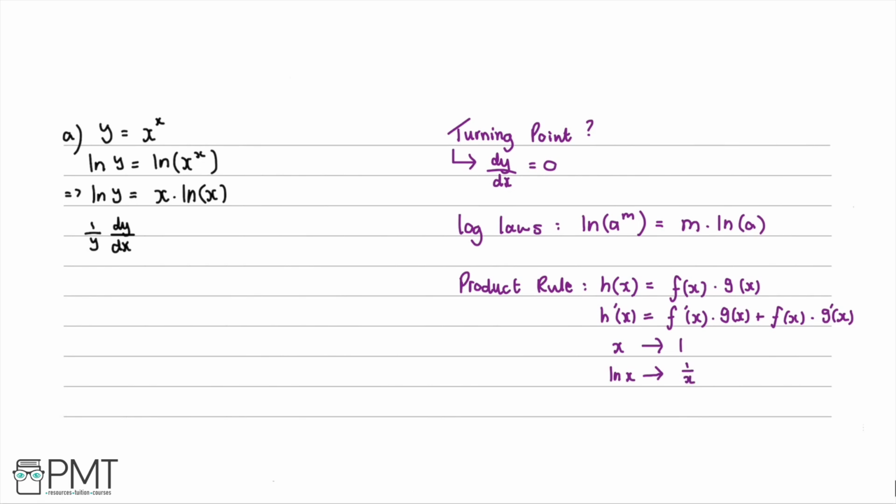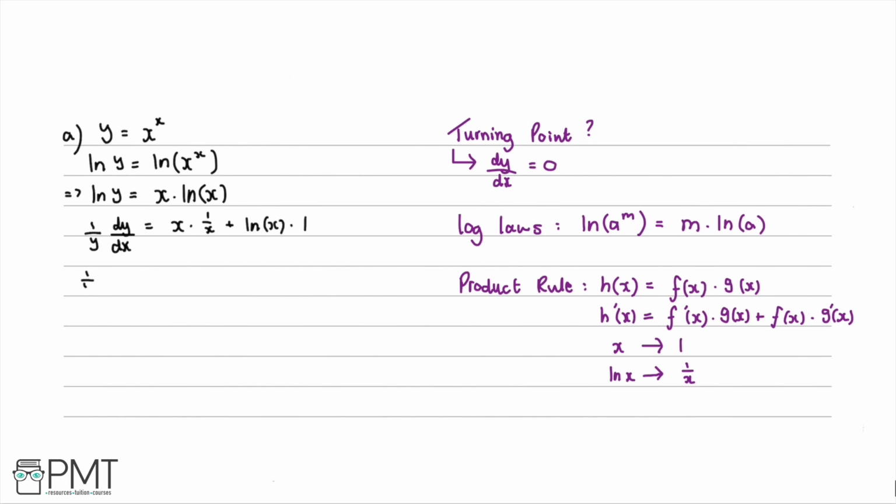So therefore, using the product rule, we can then use these values here where f of x is x and g of x is ln x, and substitute them into this product rule here, and this is going to give us our answer up here. So we will have x multiplied by 1 over x, and then we will add ln x multiplied by 1.